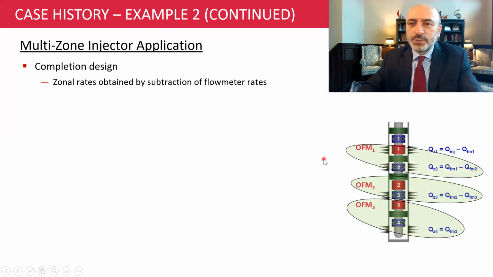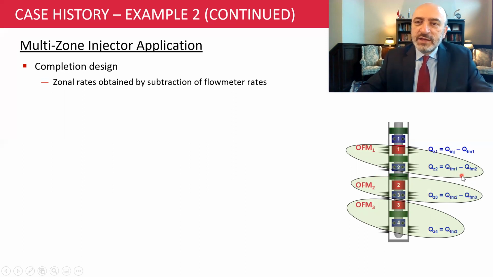In the case of optical flow meter number 1, it will measure the commingled injection rates to zones 2, 3, and 4. So the injection rate to zone 2 will be calculated by subtracting the flow meter number 2 rates from flow meter number 1 rates.